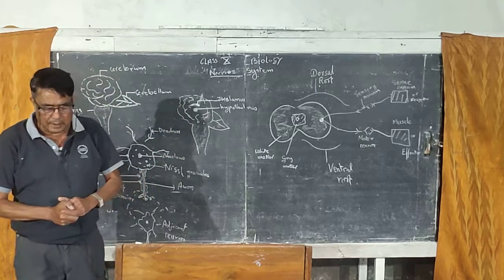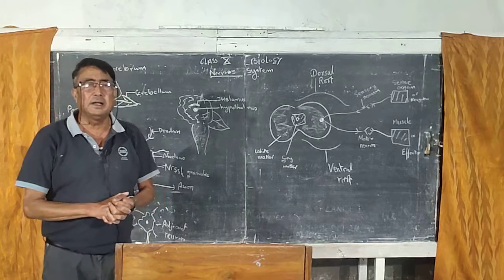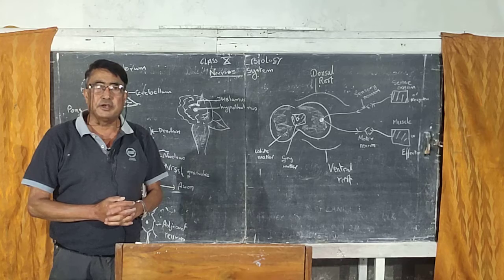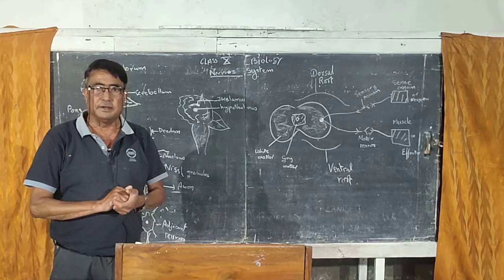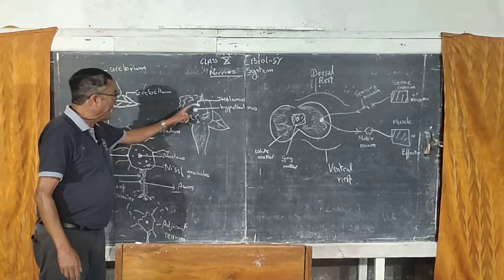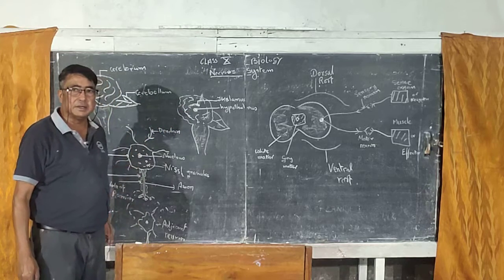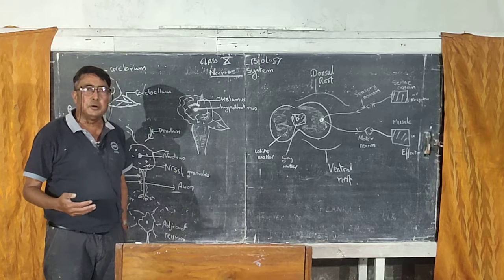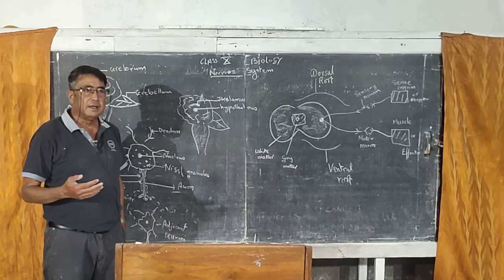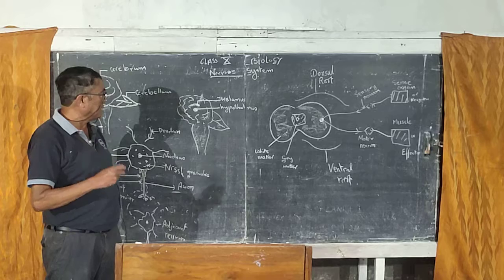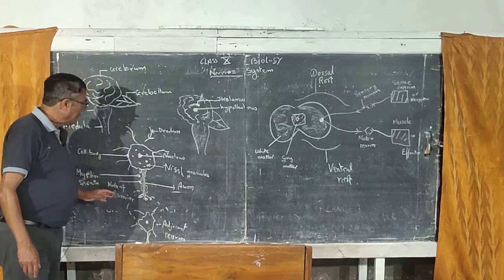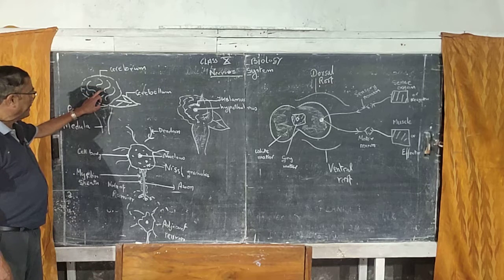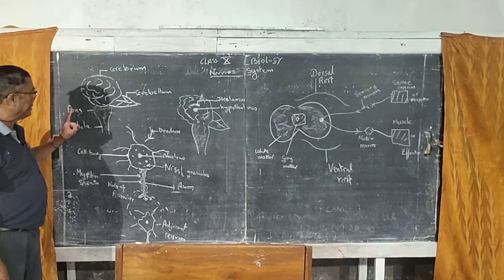Now, what is an impulse? An impulse is an electrochemical message that passes through the nerves. Below that you find hypothalamus, which is the regulatory center. It controls sex, hunger, body temperature, etc. So at least learn the major parts, functions, terms, and one function each.